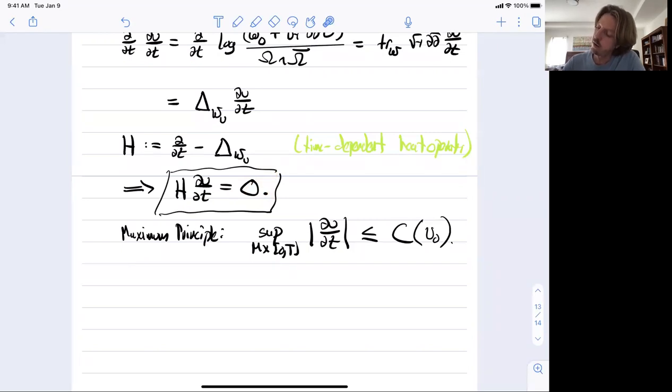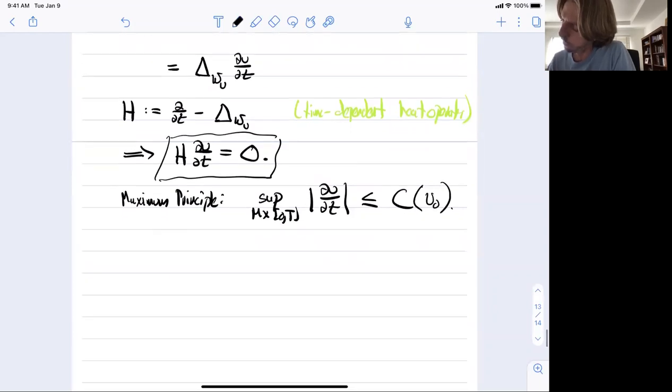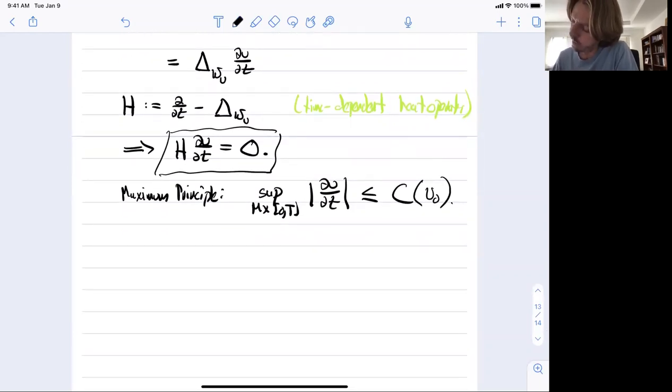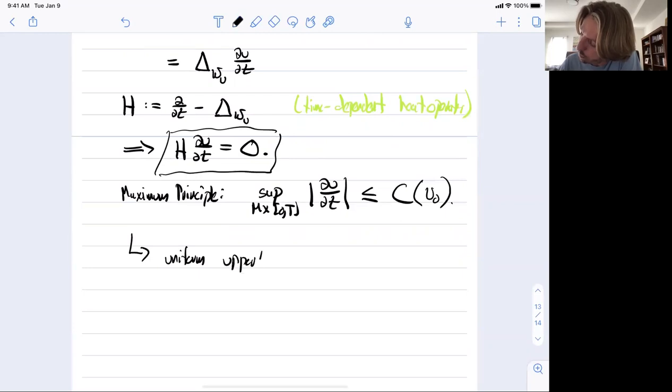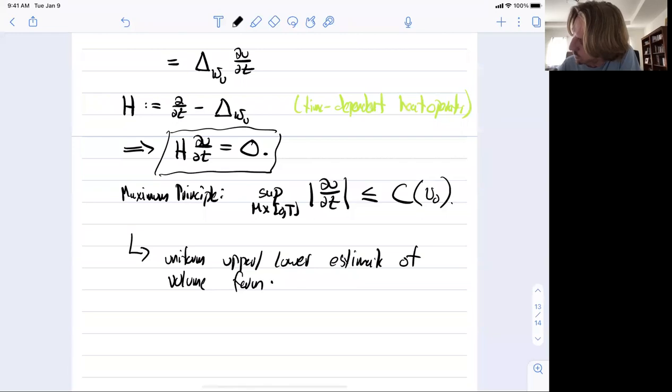Okay, so here it looks like an estimate of the time derivative. It maybe just looks like some analytic thing, but of course this also has an immediate geometric meaning, right? This is because du dt is this volume form ratio. This is a uniform upper and lower estimate of the volume form, the volume form omega sub u to the n, okay?